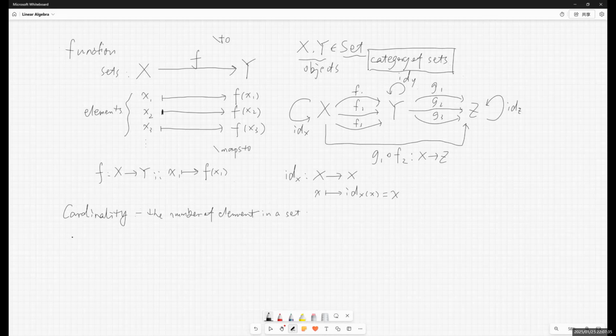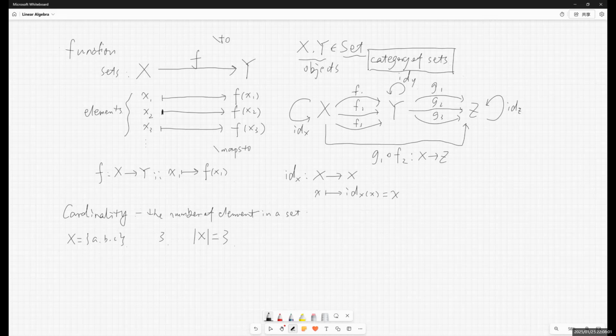So if we have a set X = {A, B, C}, the cardinality is 3. So usually we denote it using vertical lines. So simple.